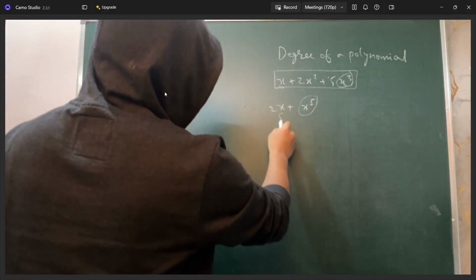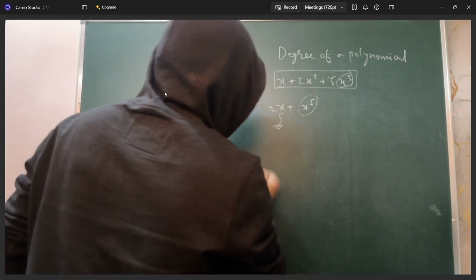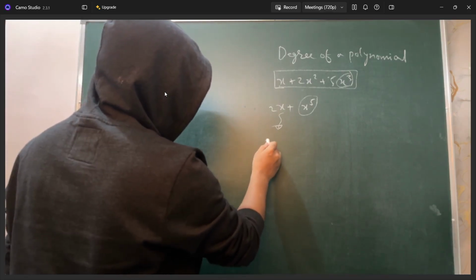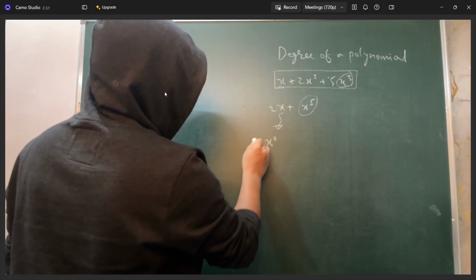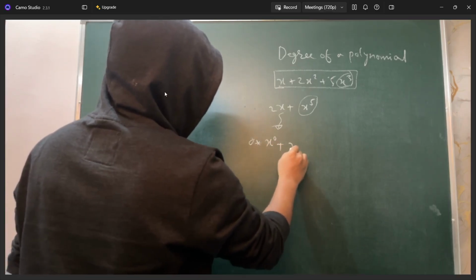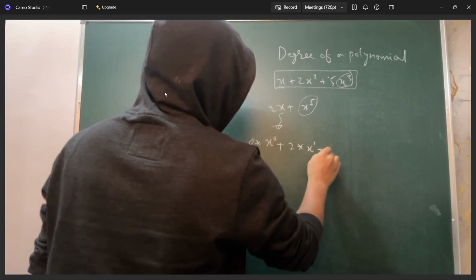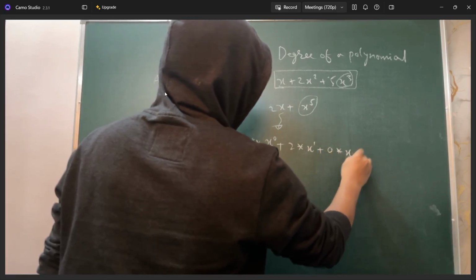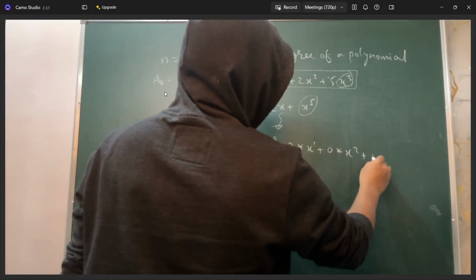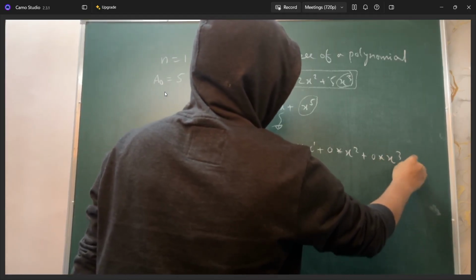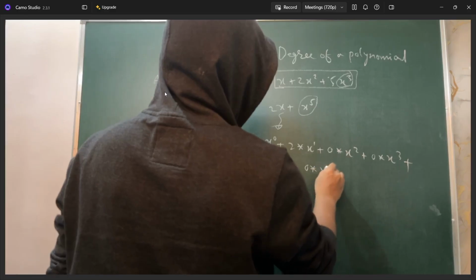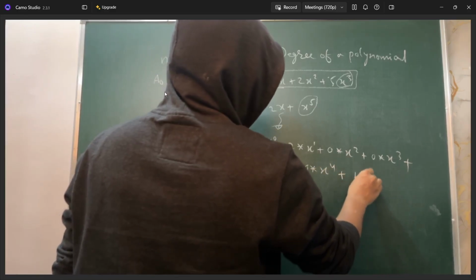But this can be written in this way as well. You may write 1 into x power 0 plus 2 into x power 1 plus 0 into x power 2 plus 0 into x power 3 plus 0 into x power 4 plus 1 into x power 5.